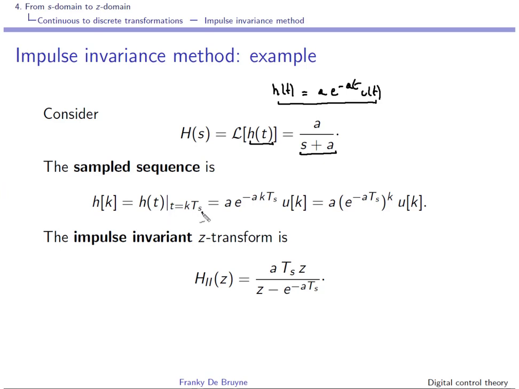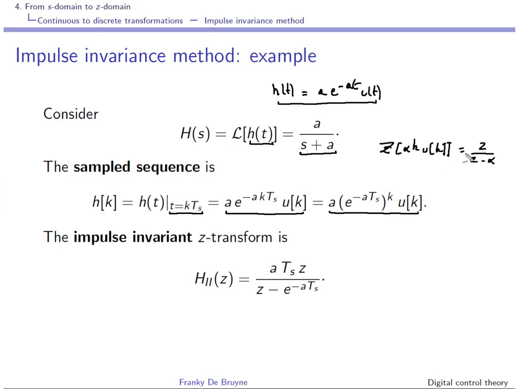So if you sample this signal, you obtain the following sequence, and this is rewritten differently. You remember that the z transform of alpha^k u[k] is z over z minus alpha.